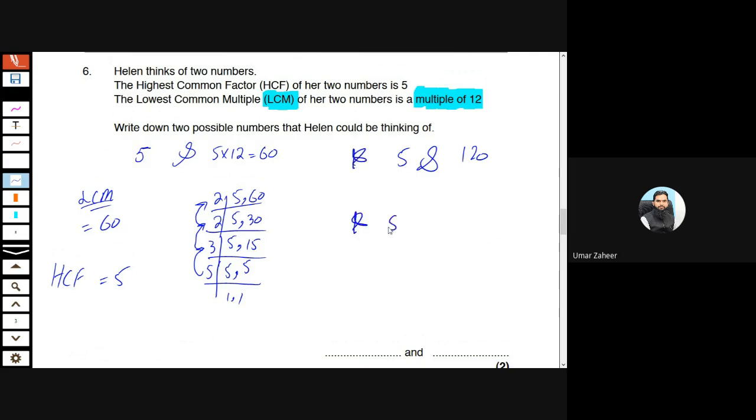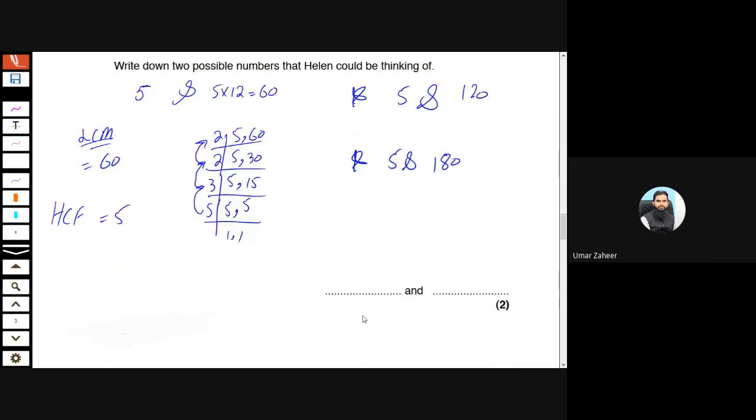The second option, 60 multiplied by 3 is 180. So these are also possible numbers. I just took the smallest possible value, that is 5 and 60. But the answer can be 5 and 120. The answer can be 5 and 180. And the answer can be any more numbers as well.